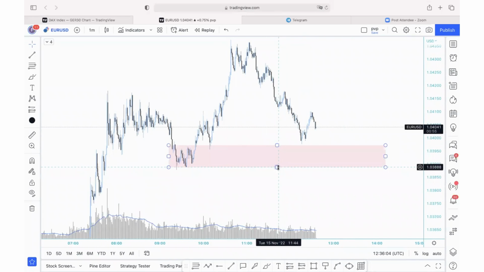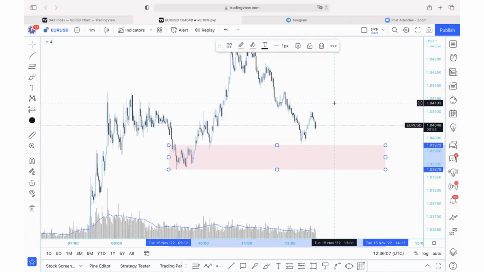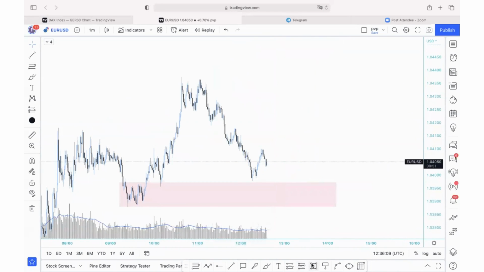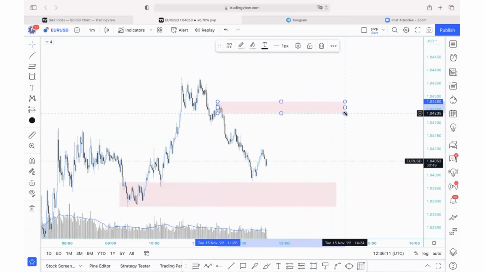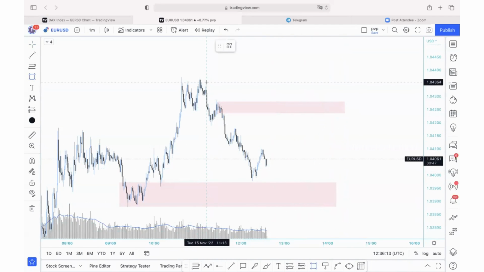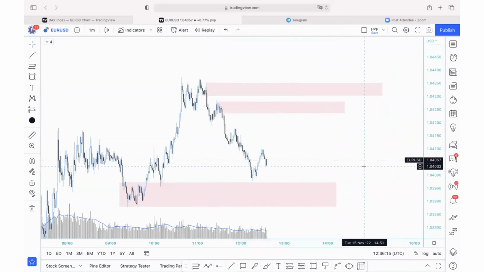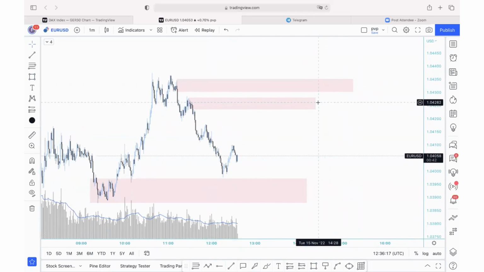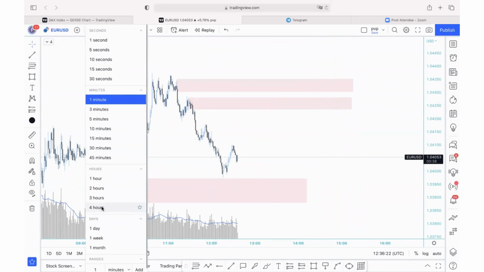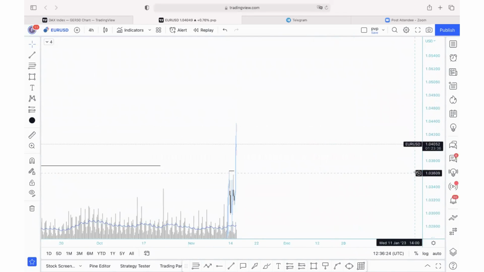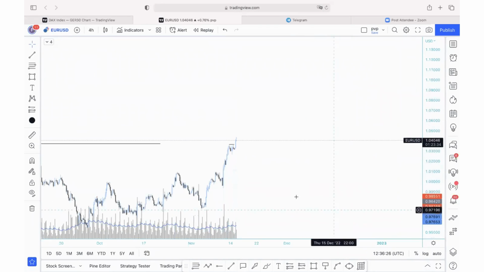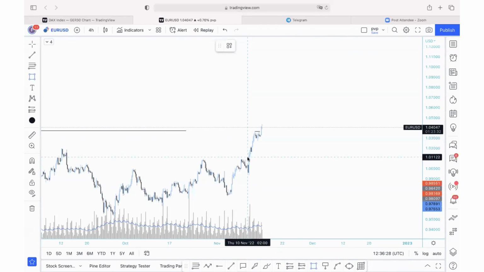Now we are looking at this demand for confirmation, and then we will look at two possible supplies, which would be this one and this one, for possible sells to continue to the downside. Possibly on the first one if there is enough confluence, because this can be a bigger trade from the 4 hours to actually target some imbalance that was left behind.